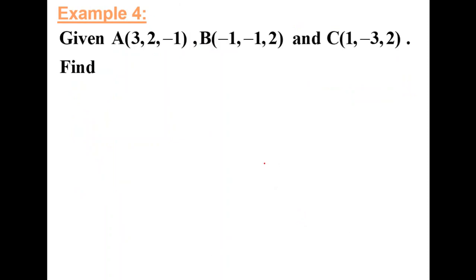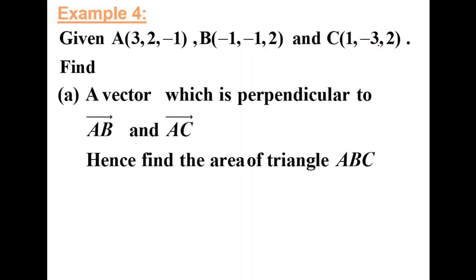Example 4. Given coordinates A (3, 2, -1), B (-1, -1, 2), and C (1, -3, 2). Find a vector which is perpendicular to vector AB and vector AC.